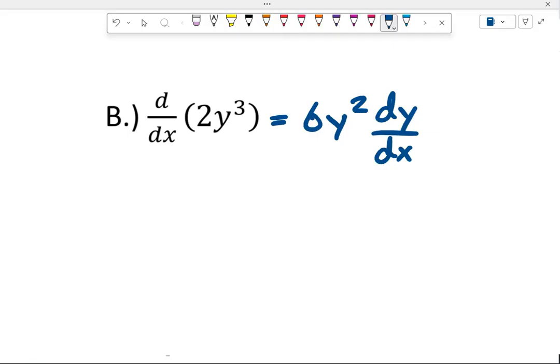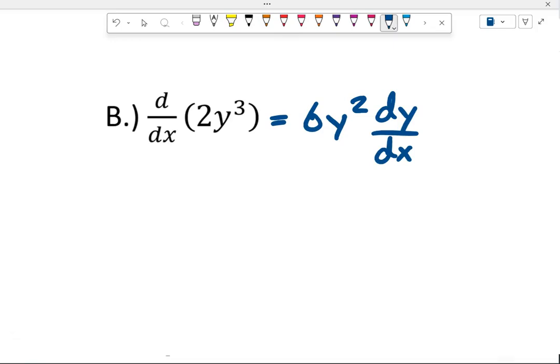Because I took the derivative of y with respect to x. That's how it's worded. Can dy dx cancel out to 1? No. It cannot. Okay? So we leave it. That's our dy dx.